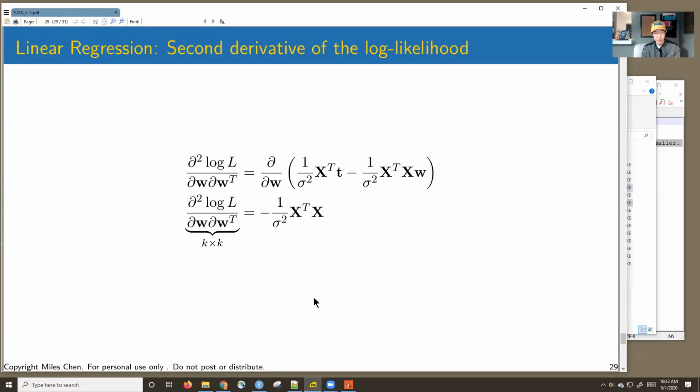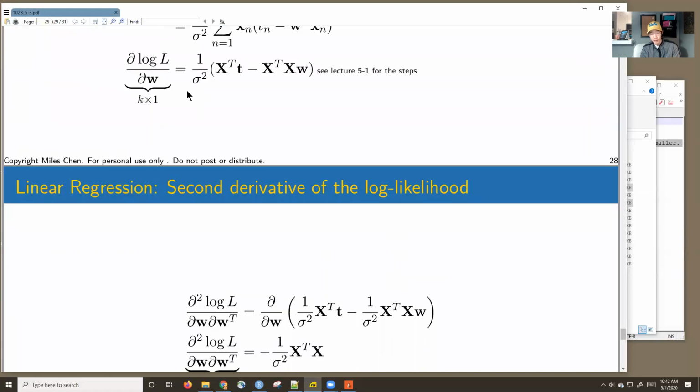Then we take the gradient of this with respect to our unknown parameter W, okay? So this would be the Jacobian of this vector, or the Hessian of the original log likelihood function with respect to W. The partial derivative of this quantity with respect to W drops out to 0, okay?